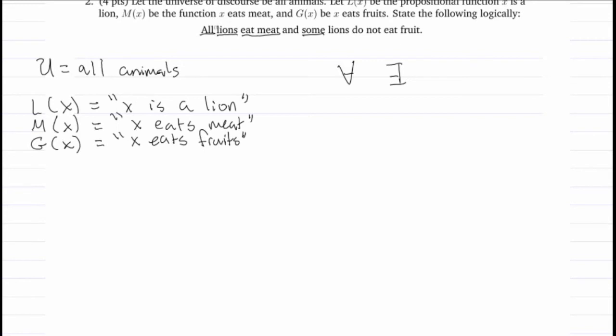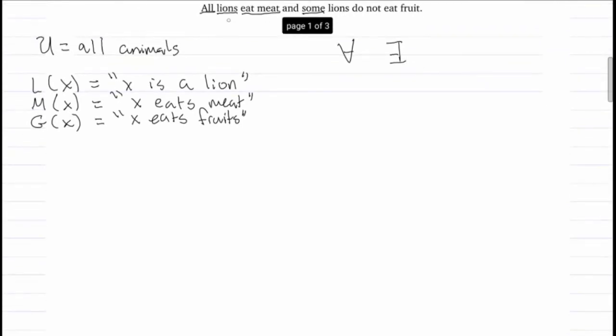Remember, this is important because our universe of discourse is all animals. We have to state somehow that there are lions and they eat meat. So let's first look at the part that says all lions.